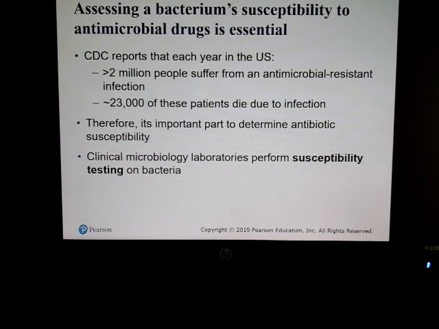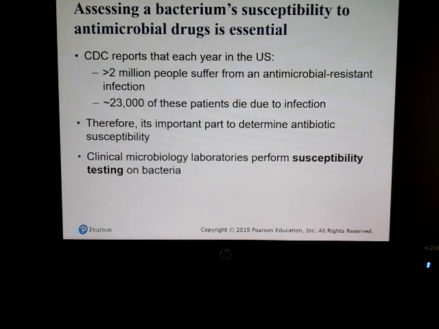Now, one of the things that we have to look at is how susceptible microbes are to the drugs that we actually treat them for. So, for instance, over 2 million people will suffer from some kind of antimicrobial resistant infection, and 23,000 of these patients die due to the infection.